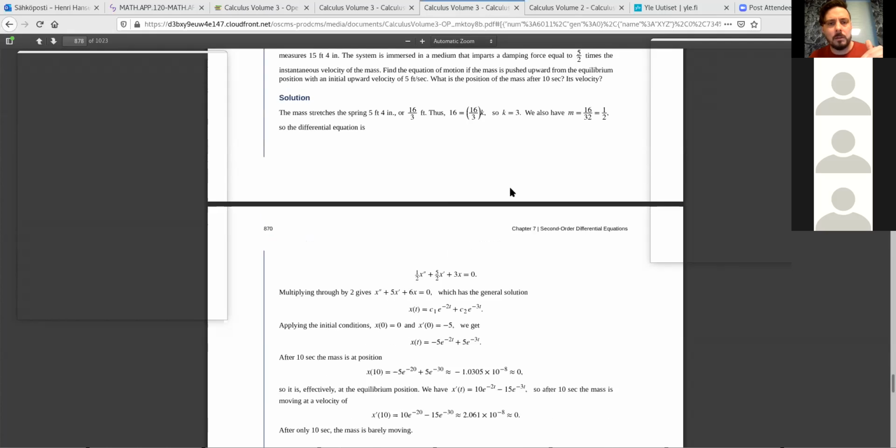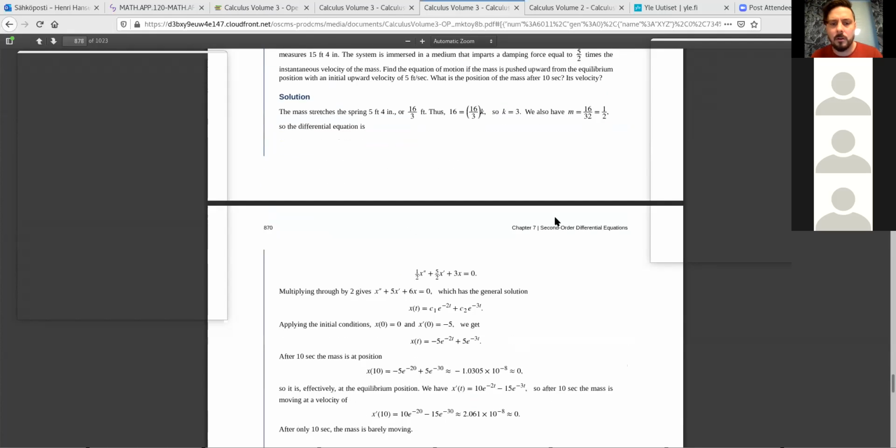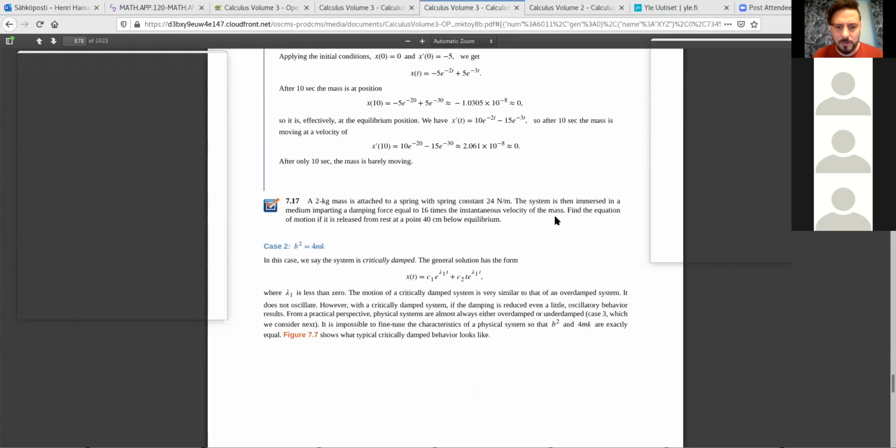It may dampen quickly enough so that it just goes to 0 immediately, or it may have oscillating behavior depending on how big that dampening factor is.